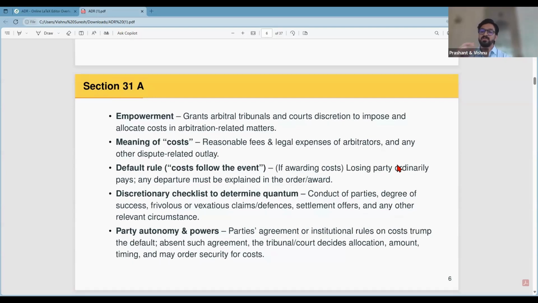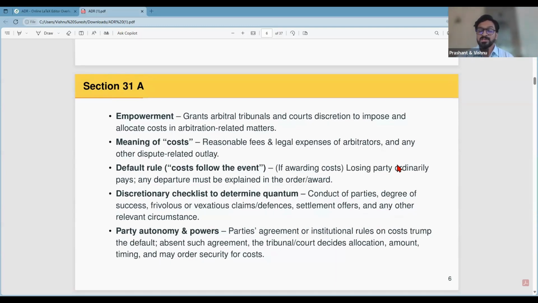31A is the specific section within the Arbitration and Conciliation Act 1996, which was introduced in 2015 by way of amendment. I will go into the evolution of it, but to give a brief background, the 246th Law Commission report, which gave a lot of sweeping recommendations for the change of arbitration practice, also recommended Section 31A. So what does Section 31A do?